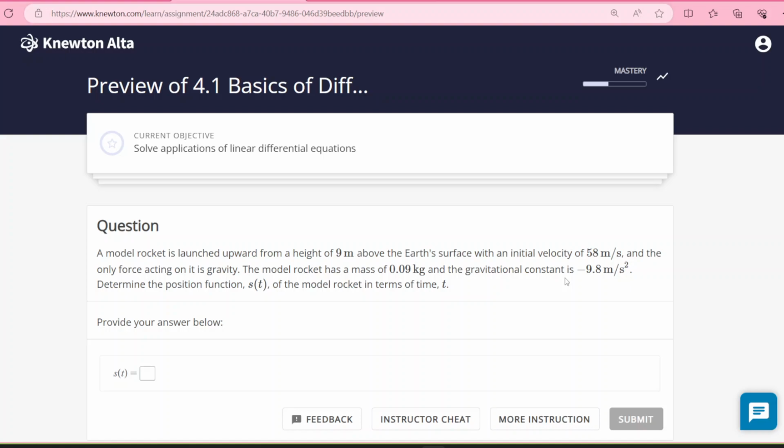If you're actually moving upward, you have a positive velocity. I'll draw all this out. We want to determine the position function, S of t, of the model rocket in terms of time t. So the S of t is going to represent the position or the height off the ground of this rocket after t seconds. All right, so I'll write all this out.